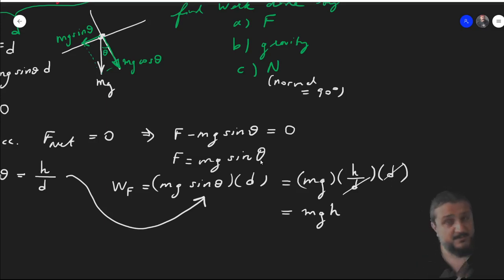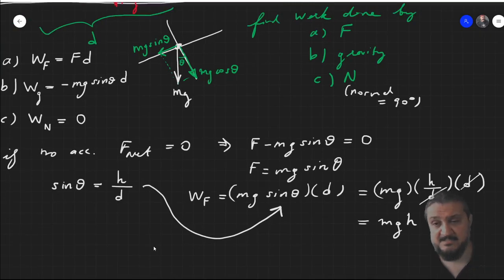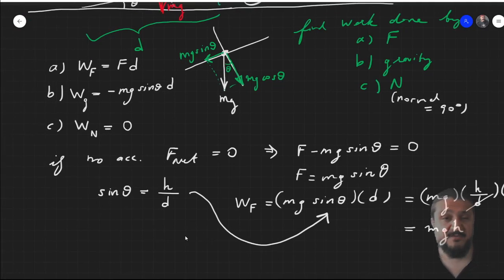So that's the thing about work. Less force doesn't mean less work. You just move it for a longer distance, but you do the same amount of work, which is equal to mgh in this case.